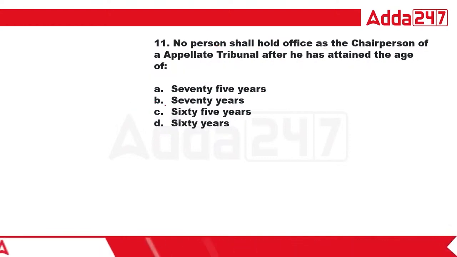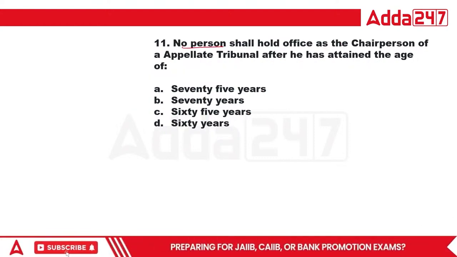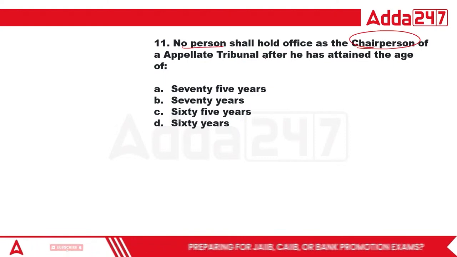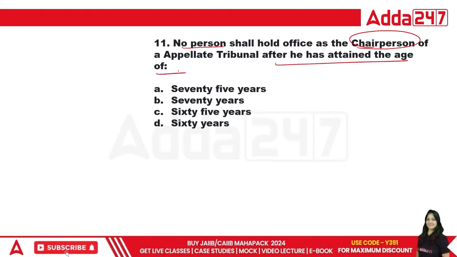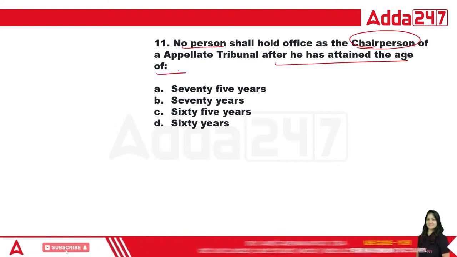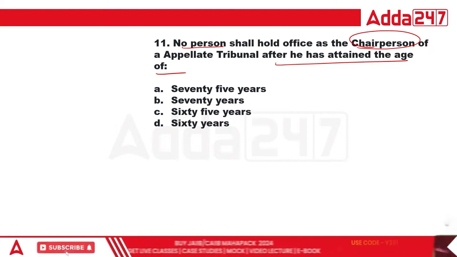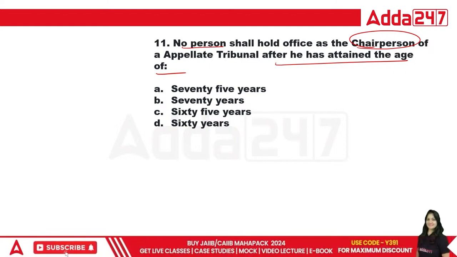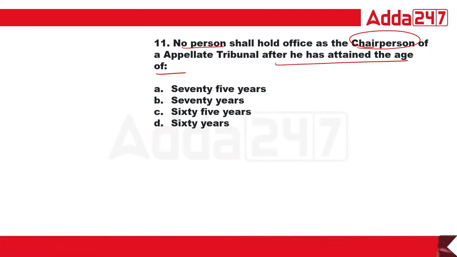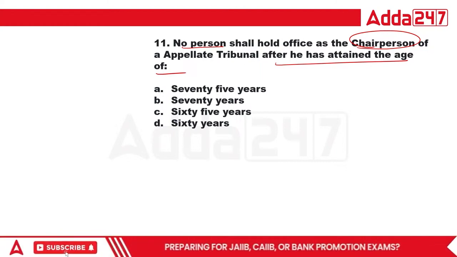Okay, next. No person shall hold office as a chairman after he has attained the age of, what is the right answer? 75, 70, 65, 69. The term tenure is very important.